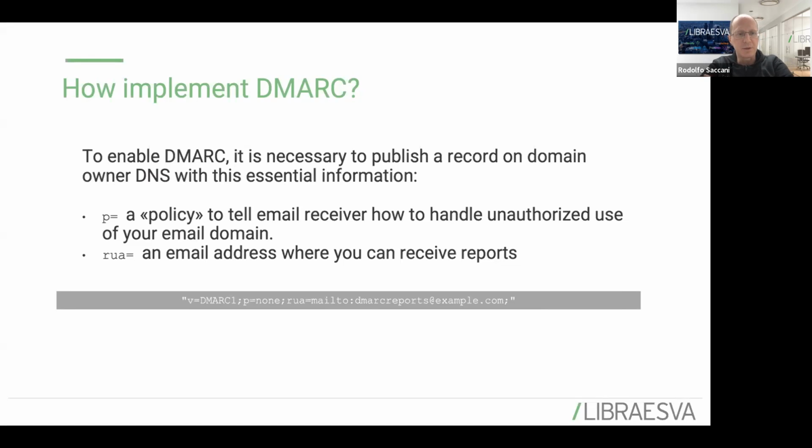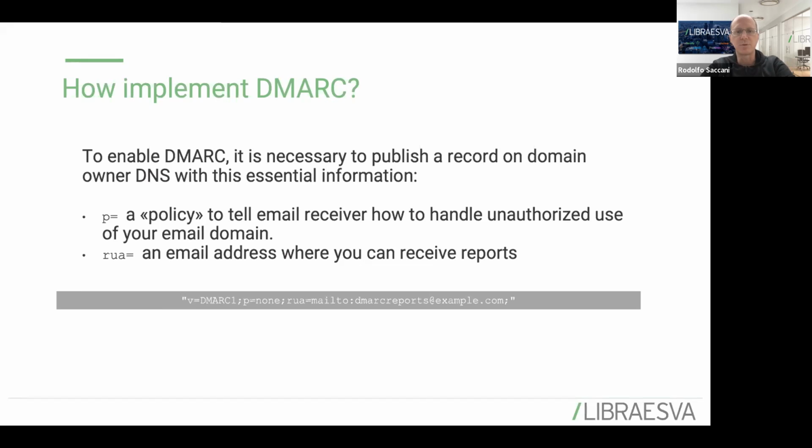But with the second parameter, the RUA, I can specify an email address where I will receive aggregate reports. This is a very, very important feature of DMARC. It gives me visibility about the email traffic that no other tool provides, because it's the recipients of the emails that are sent from my domain, or that pretend to be sent from my domain, that send me reports about where these emails are sent from and their validation.